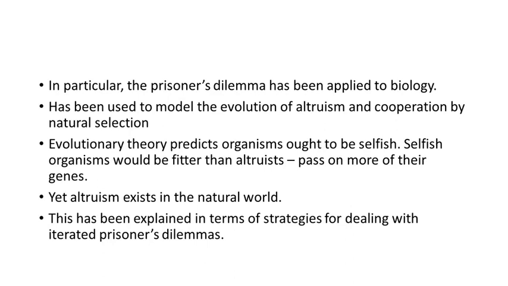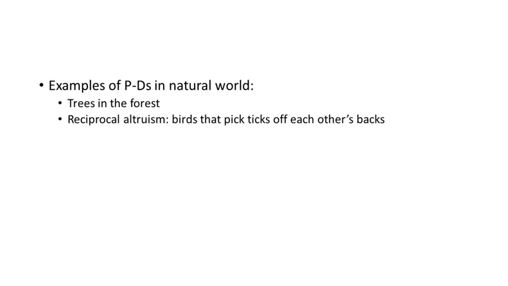Okay, so that's what we mean by frequency-dependent selection. Obviously, that's relevant here. An evolutionarily stable strategy is a strategy that exhibits positive frequency-dependent selection. When it's common, it does well. It does well in a population with lots of other examples of itself.